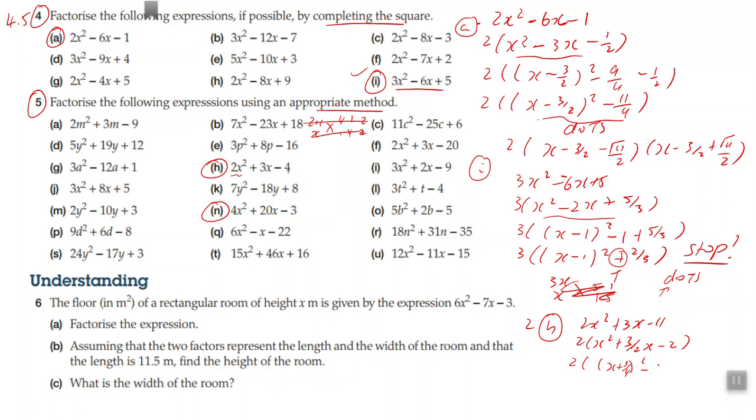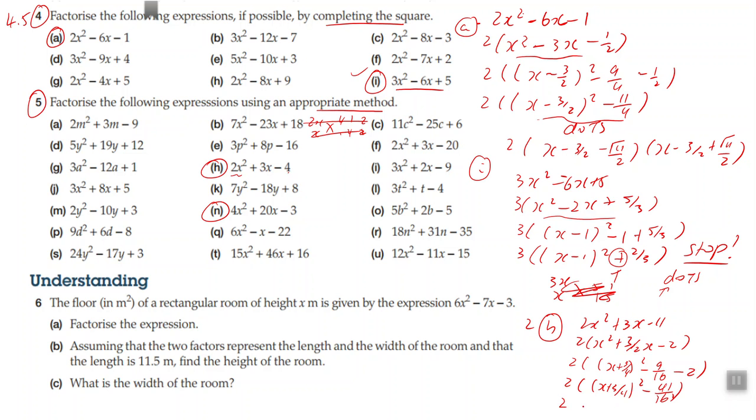Then I square that, so it's 9 over 16, minus 2. So we get x plus 3 over 4 squared. Now we want both over 16, so 2 is the same as 32 over 16. 32 minus 9 is, with the sign, minus 41 over 16.